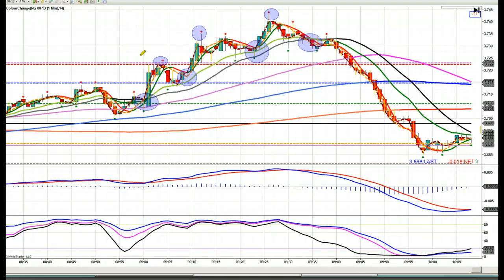I want you to think of every time the 13 crosses the 20, and when it crosses again, from cross to cross, let's call that a mini trend inside of a big trend. So what we're looking for is to trade, you can always start at the point of the cross, and you always look for two really good moves. Sometimes you get a third, sometimes it peters out.